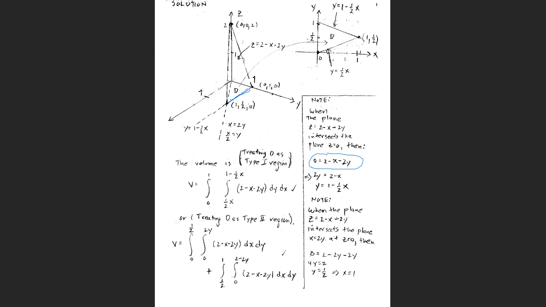This is going to tell us that y equals 1 minus a half x. And that's how we get this right here. So in other words, this line here has equation y equals 1 minus a half x.